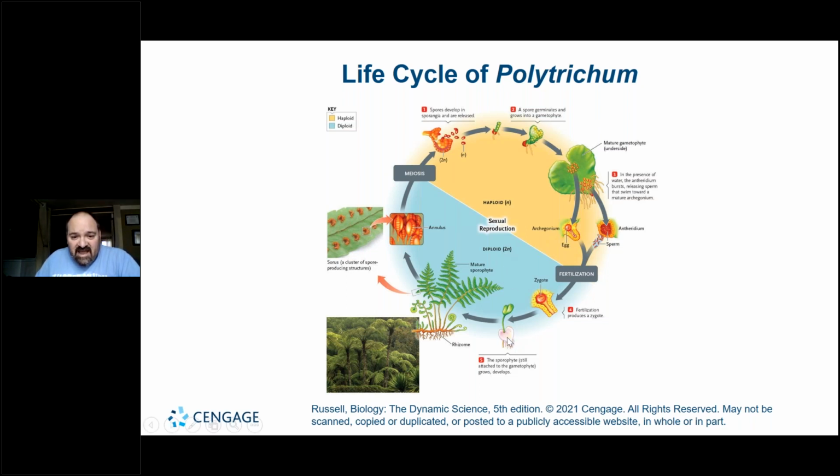We still have this haploid gametophyte, which provides nutrients to the sporophyte. So right here would be haploid, but this would be diploid. This would have a full complement of the chromosomes, and then we end up having this sporophyte.